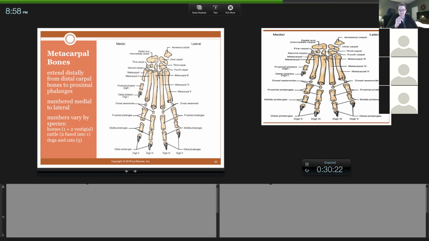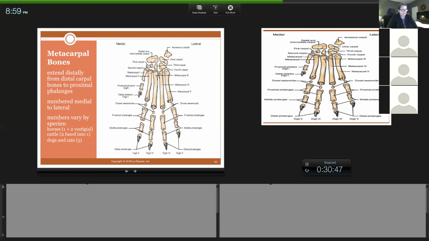Remember, dogs typically have only 2, 3, 4, 5 metacarpals. Now, they may have this dew claw here, but it means they're missing this part up here. All I want you to know: metacarpals front, metatarsals back, you number them medial to lateral.